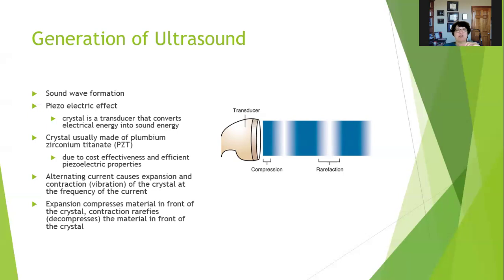Alternating current causes expansion and contraction of the crystal, so vibration of the crystal at the frequency of the current. The expansion compresses the material or the air or coupling material in front of the crystal, and contraction rarefies or decompresses the material in front of the crystal. So you get little waves where it's compressed, rarefied, and it does it at the frequency that the crystal responds to. So when ultrasound manufacturers are making those crystals, they choose the crystals that respond to certain frequencies.